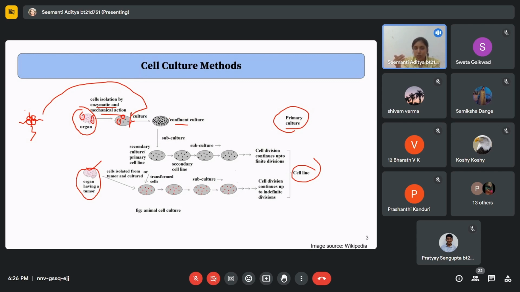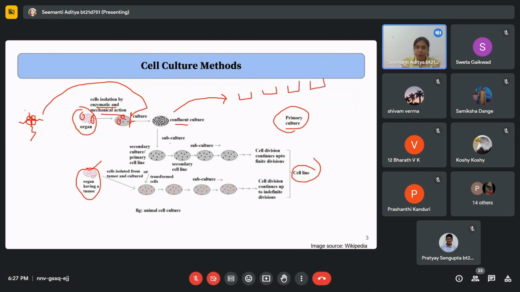For primary cells, we have to make sure that if we are plating, suppose, 4 plates for experiments, we plate an equal number of cells in each of the 4 plates.